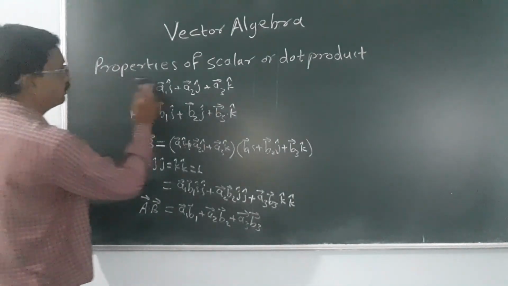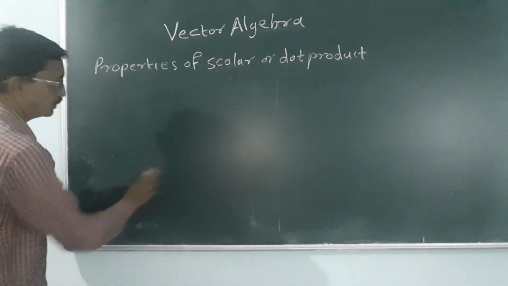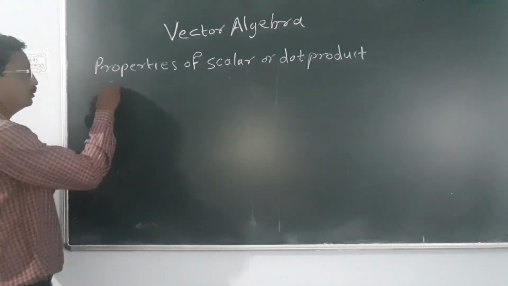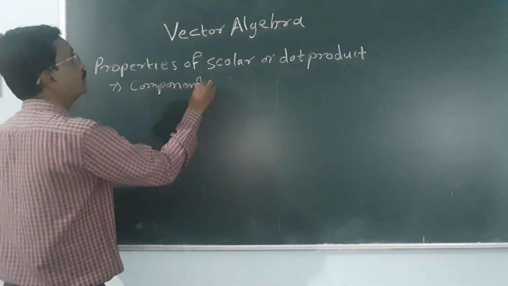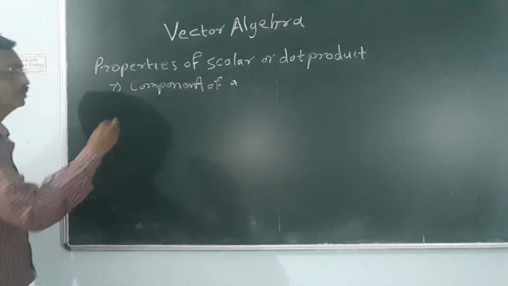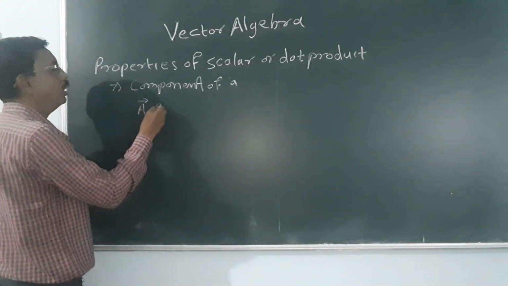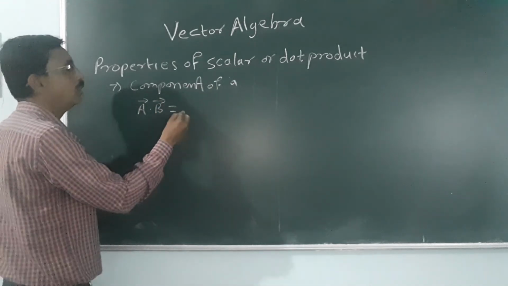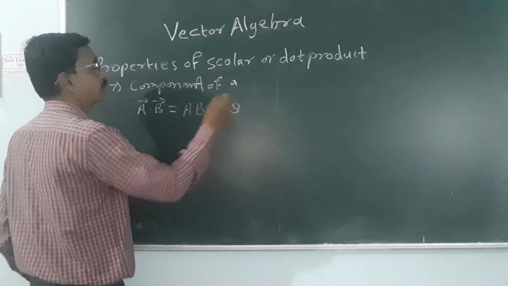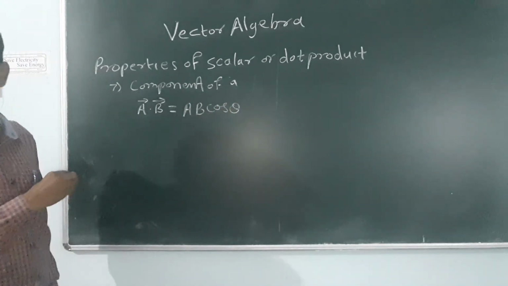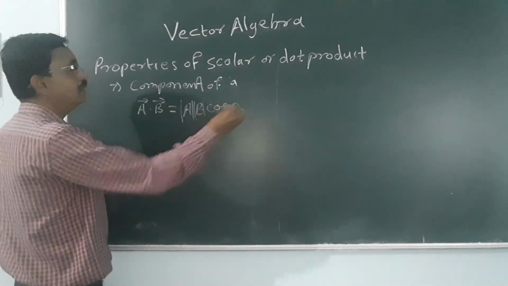And the last property is the component of A along B. So the seventh property is the component of A along B. Whenever the product is considered, suppose here is A dot B, the scalar product, then it is given by AB cos theta, or we can also write it as mod of A into mod of B cos theta.